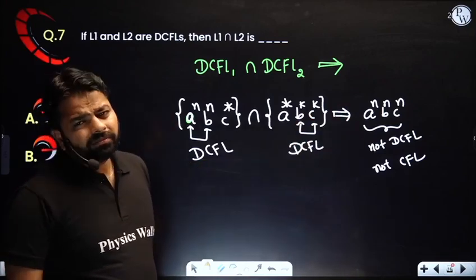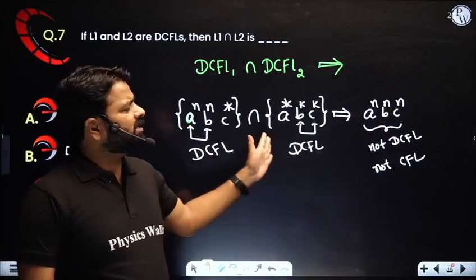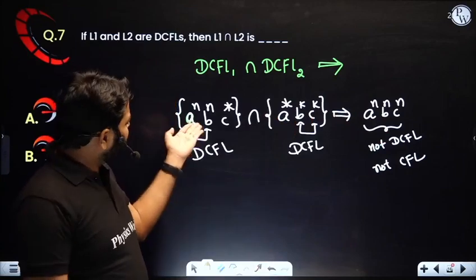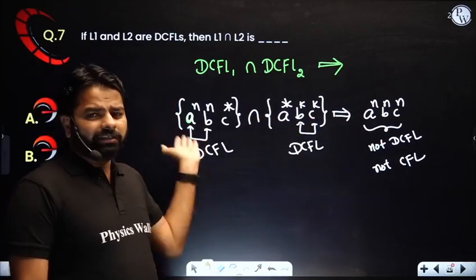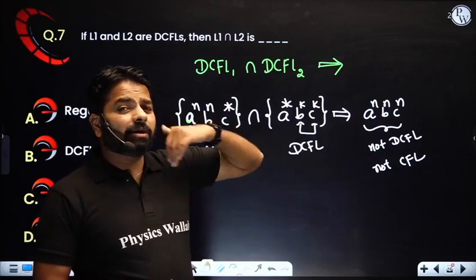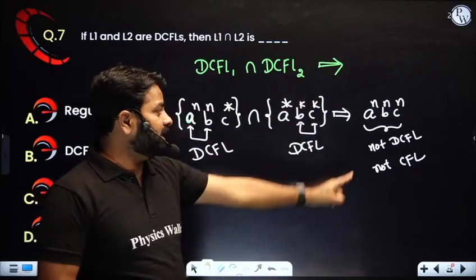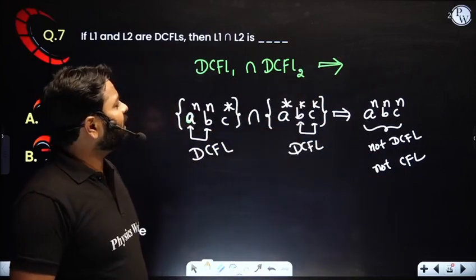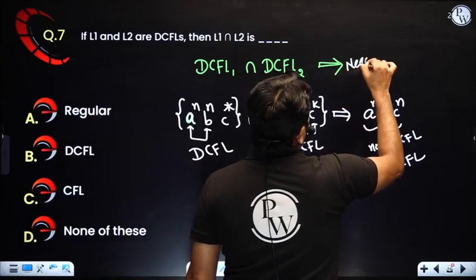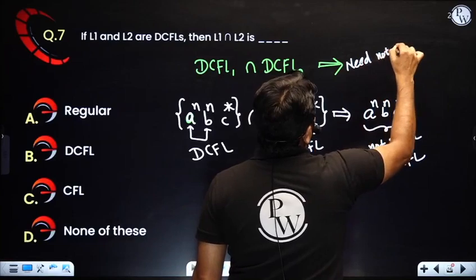Fine. If you ask me, sir, for the intersection of two DCFLs, can you give an example that is a DCFL? That's very easy. You take the same language again and you get the same. Proving the same is not difficult. The problem is whether there is any example which goes outside the domain. Yes, there is. So I can conclude it need not be DCFL.